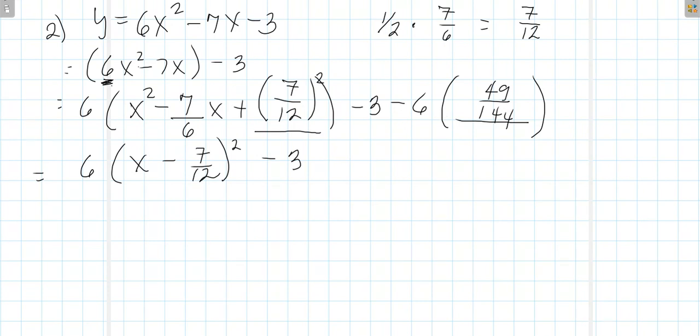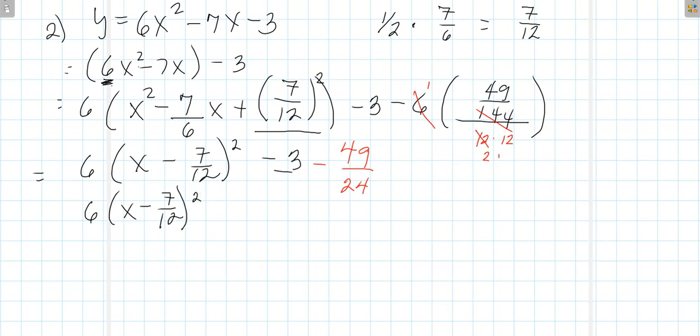So cancel: 6 divided by 6 is 1. 144 is equal to 12 times 12, so that cancels. This now becomes 2 times, so the answer now is 49 over 2 times 12, which is 24. Therefore this is now equal to 6 times x minus 7/12 squared.